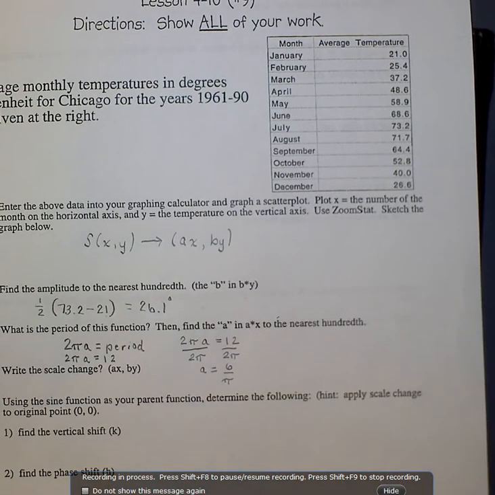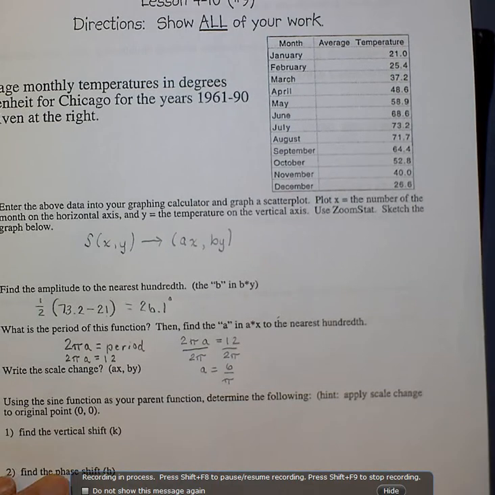Okay? So I determine the amplitude just by taking half of the highest minus lowest. And then I determine the period based upon how often the pattern of temperatures repeat themselves, which is every 12 months in this case. And then set that equal to 2 pi A and solve for A. Does that part make sense to everybody?